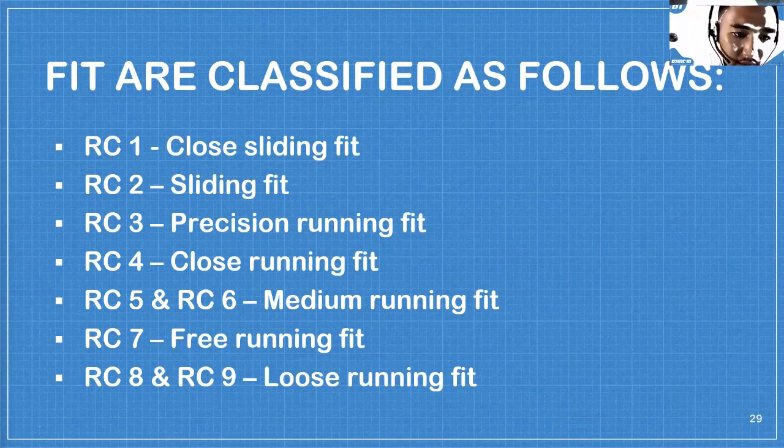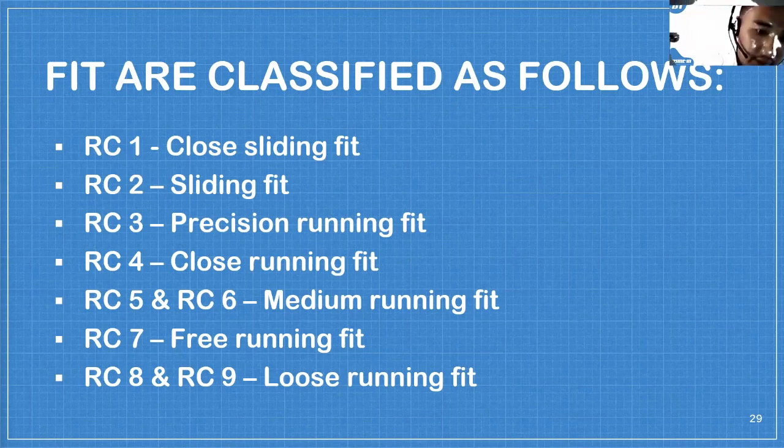Sa RC5 and RC6, medium running fit. So ito yung mas maluwag siya ng konti dito sa RC4. Ito na yung para sa mga higher speed and heavy journal pressure. Sa RC7, free running fit, ito ay suitable for larger temperature variation.